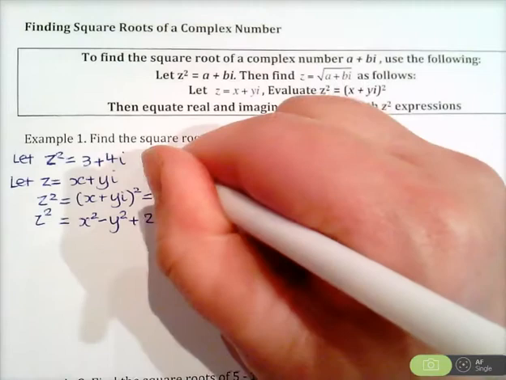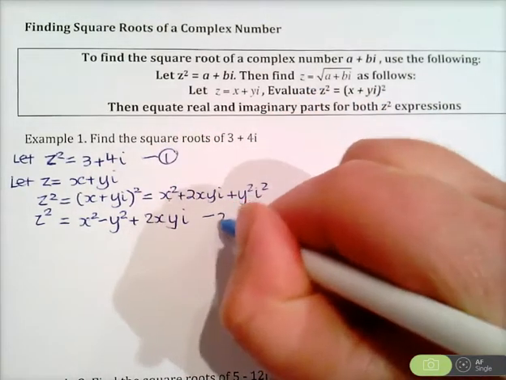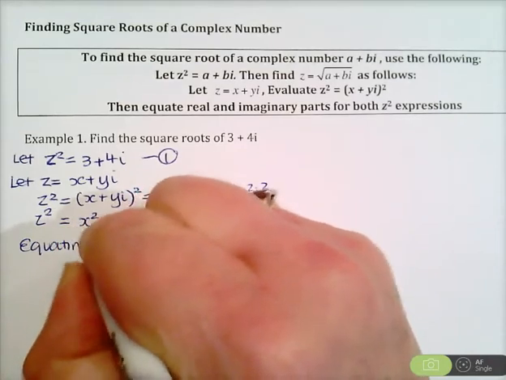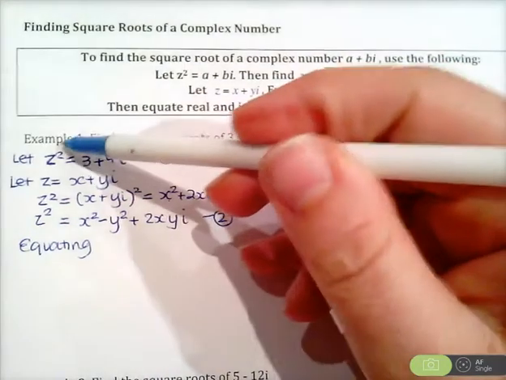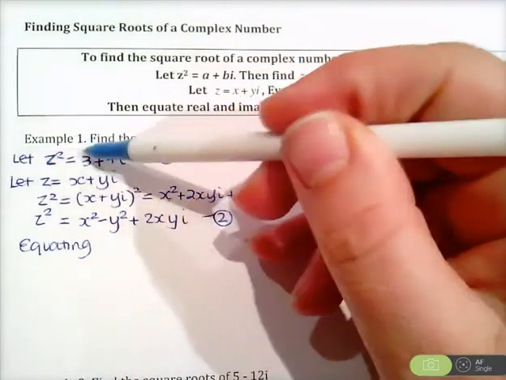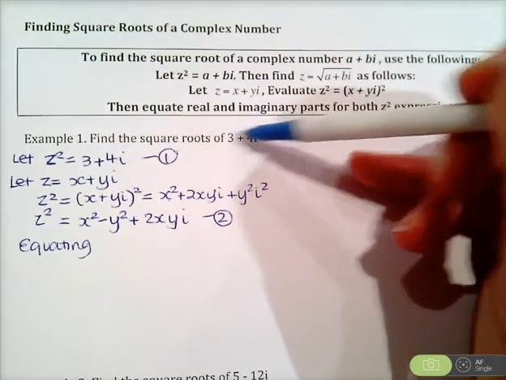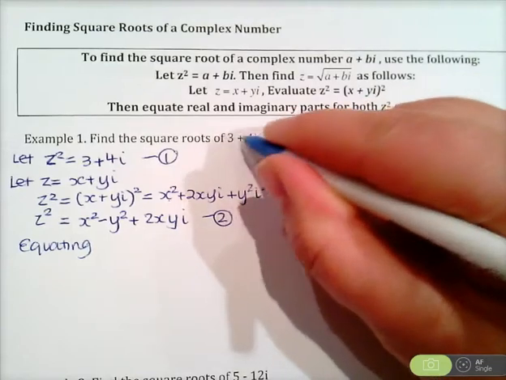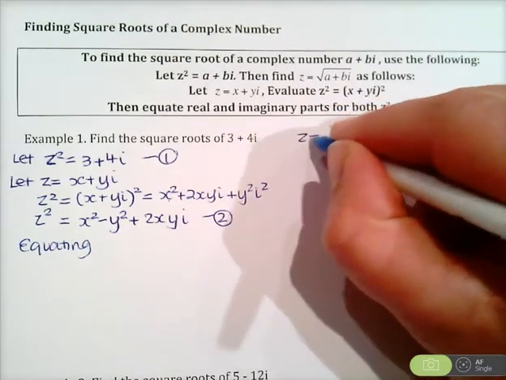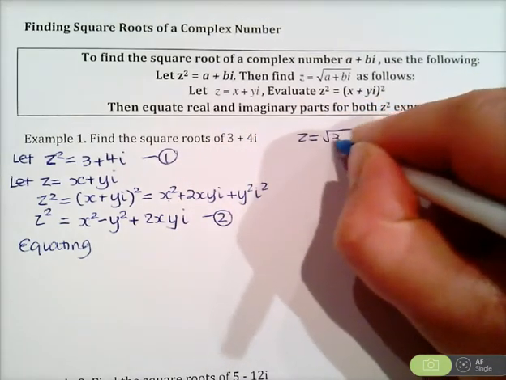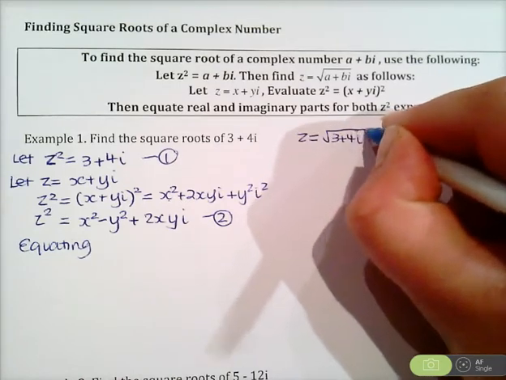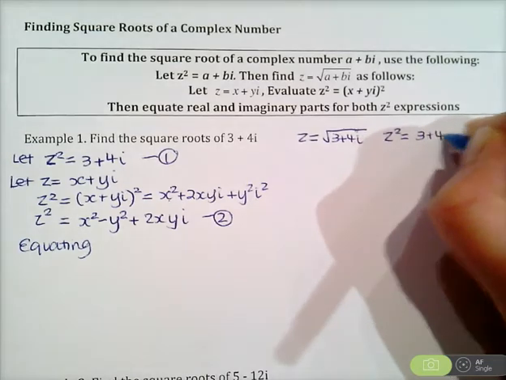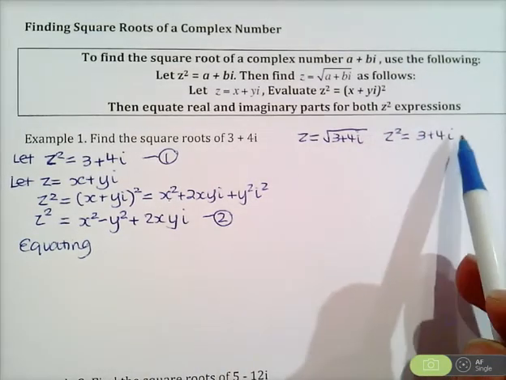Now, I'll just call this equation 1 and equation 2. Now, equating, see how we've got two expressions for z squared? We've let z squared equal 3 plus 4i because we're trying to find the square root of 3 plus 4i. So if we let z equal the square root of 3 plus 4i, then we can see that z squared is 3 plus 4i. Okay, that's why we've done this.